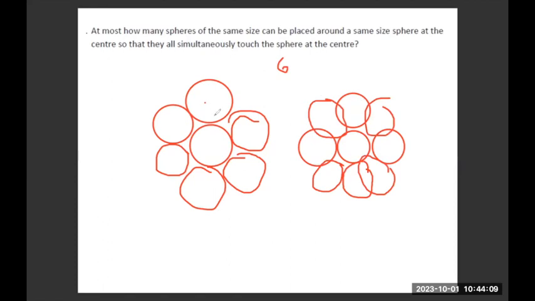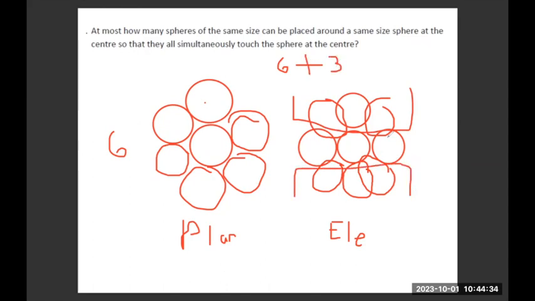Henceforth, if this same diagram which is seen in plan happens to be in elevation also, which means in plan there will be 6 figures, and in the top part there will be 3 spheres, and in the bottom part also there will be 3 spheres.